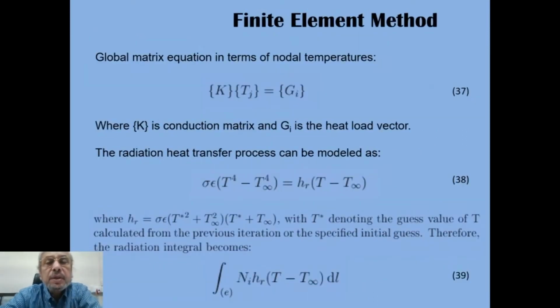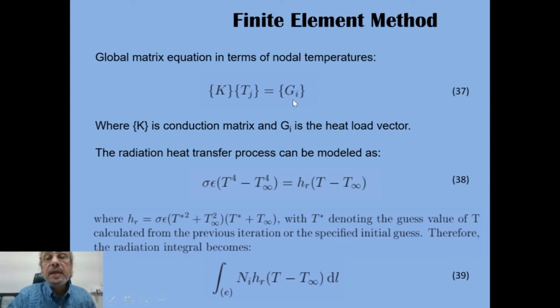Now, the global equation matrix in terms of nodal temperatures, this is what I was saying, K Tj. This Tj is maybe 1 to 150, 1 to 1000, depending on the number of points in the domain, global points, and also that will depend on whether we discretize the domain by triangular elements or quadrilaterals.